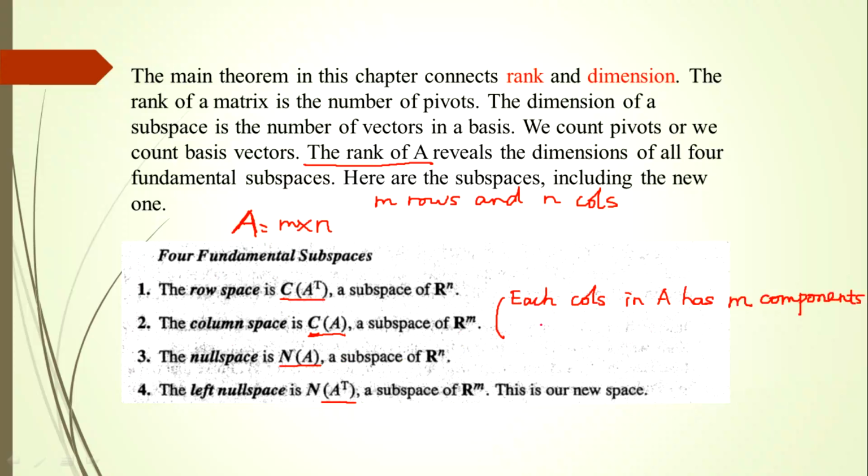It's not N, it's M. Each column in matrix A has M components, so they are vectors from Rm.